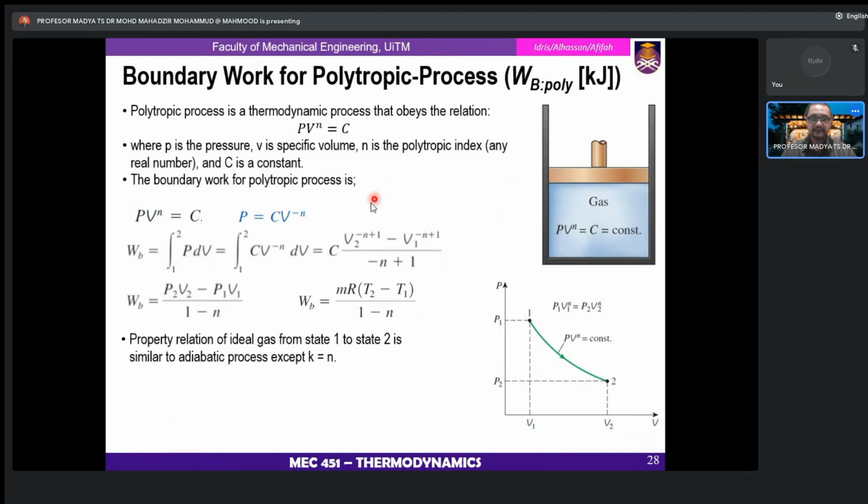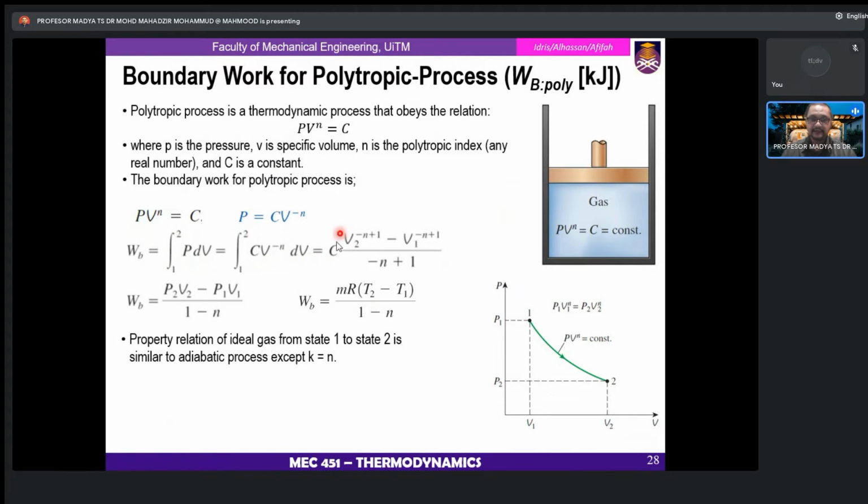So from here, using the boundary work equation, it will give the integral of PdV. P we can take from the relationship, so it becomes C V to the power of negative n dV.